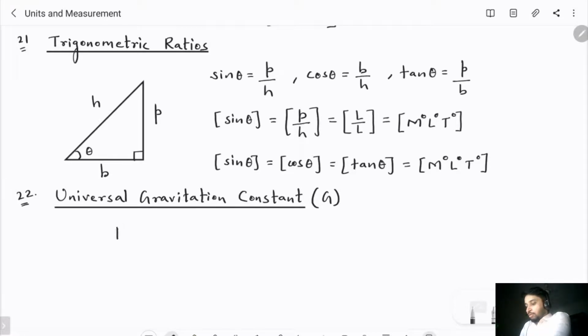So the gravitation force between two masses m1 and m2 is equal to capital G m1 m2 by r square. From here we can get an expression for capital G. So capital G will become Fr square by m1 m2.